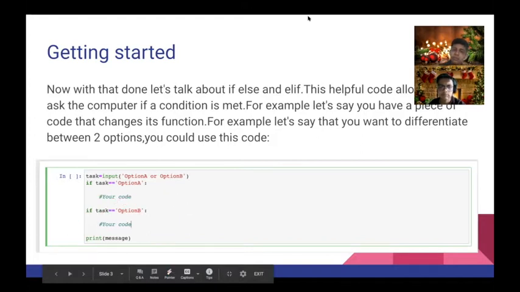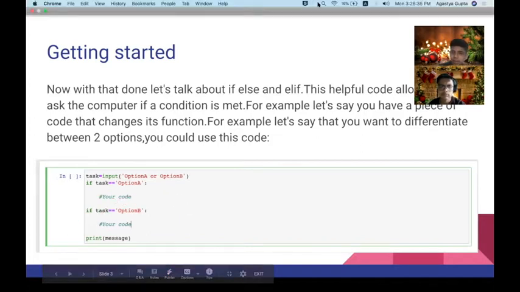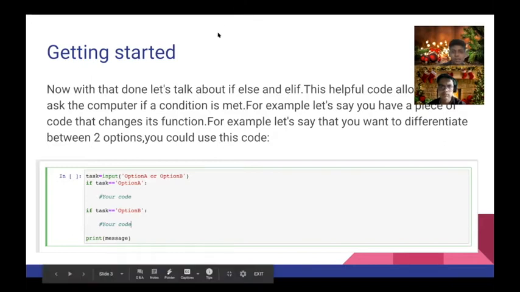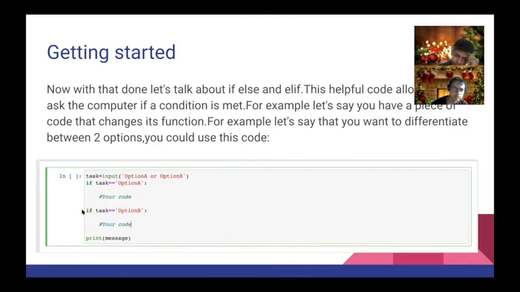Now I don't want you to start using this code specifically because it's inefficient. I'm going to tell you why. You don't need to use if. You will put elif here, or you can just put else. I'll just get into it.